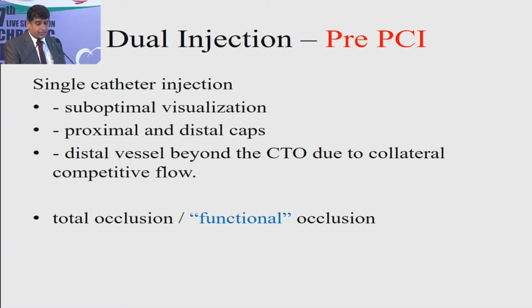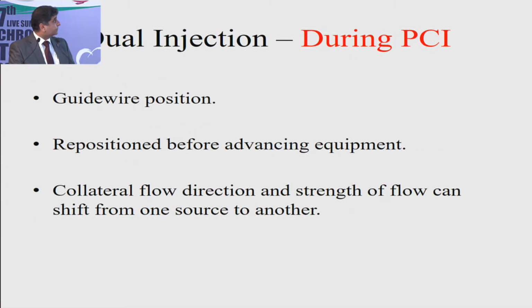Single catheter injections always allow suboptimal visualization of the entire coronary tree, and the ability to study the proximal and distal caps might not be as effective, and the distal vessel assessment beyond the CTO may not be all that effective. Occasionally you might also find that the occlusion is actually not total, and it could be functional, where you find a patent central microchannel, which is picked up by a contralateral injection.